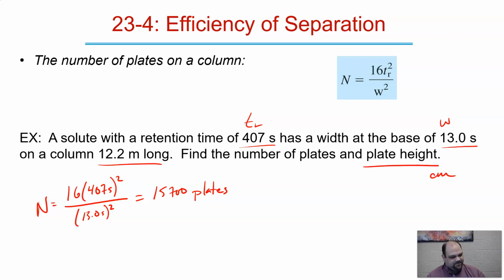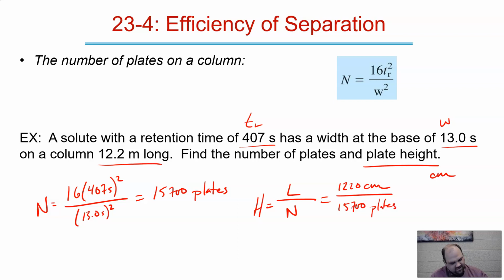If we want to know the plate height, this is usually given in centimeters, although it doesn't have to be. And the plate height is just equal to the length of the column divided by the number of plates, right? So how long our column is divided by how many plates we have. Right? Because it's usually given in centimeters, I'm just going to say that this is 1,220 centimeters, right? 12.2 meters, divided by our 15,700 plates.